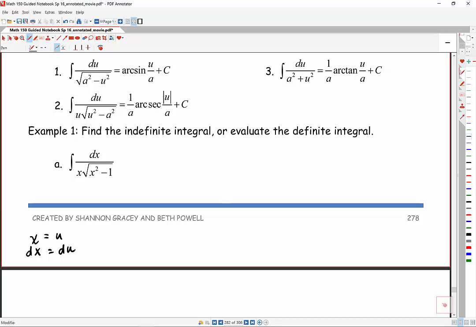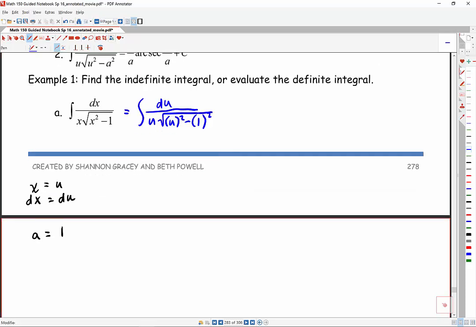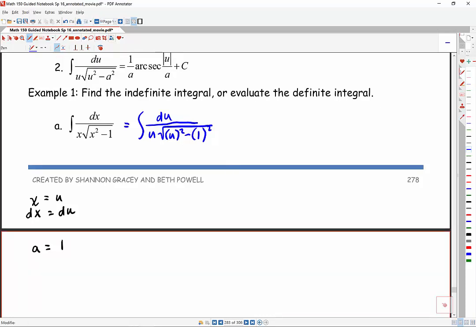And you also have an a, which in this case is just 1. So basically we're looking at the integral of du, and again, you do not have to do a u sub for this one, but just to match up the formulas, we'll do that. Then we had u squared minus 1 squared. Do you see that that does indeed match our formula for the result of an arc secant?